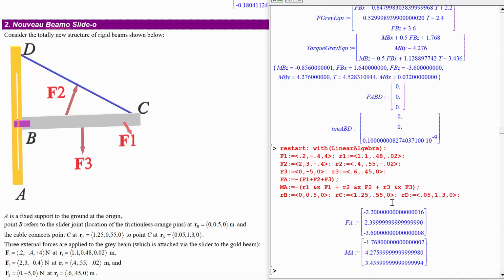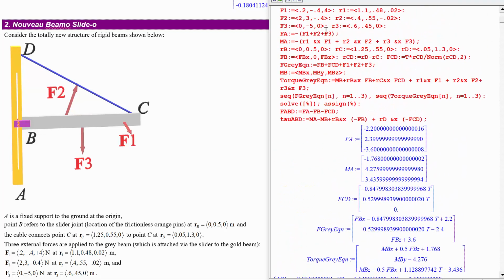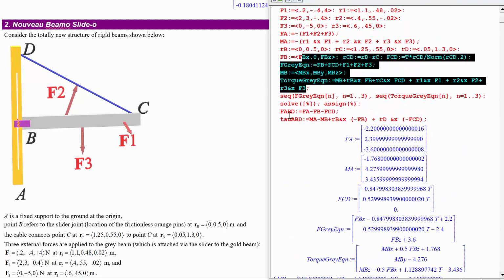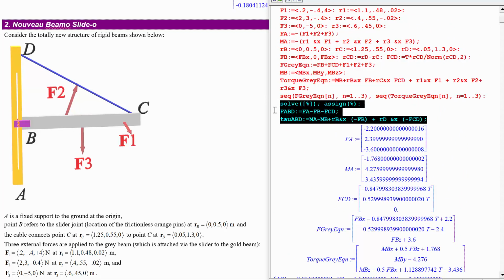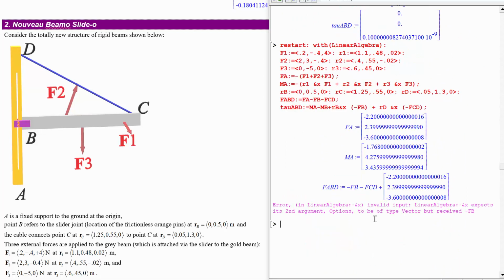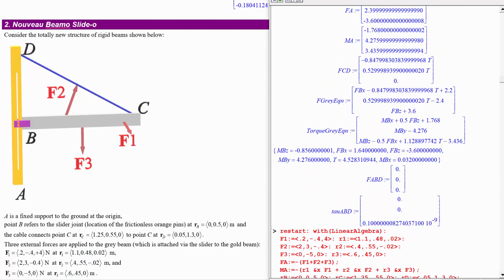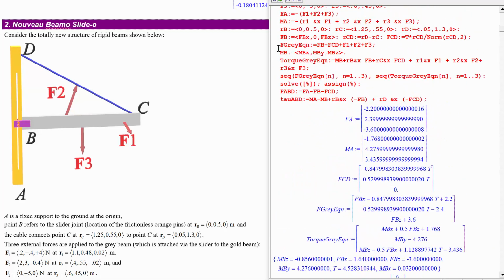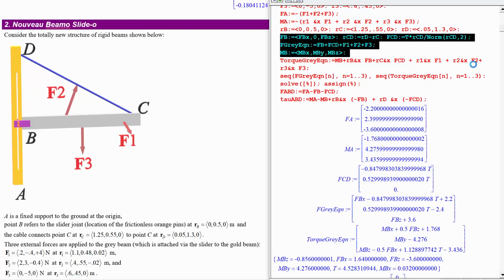We now are in a position to just start off everything, not with these equations for the gray beam, but with the force and torque equations for ABD. Whoops. We need to define what FB and MB are again.